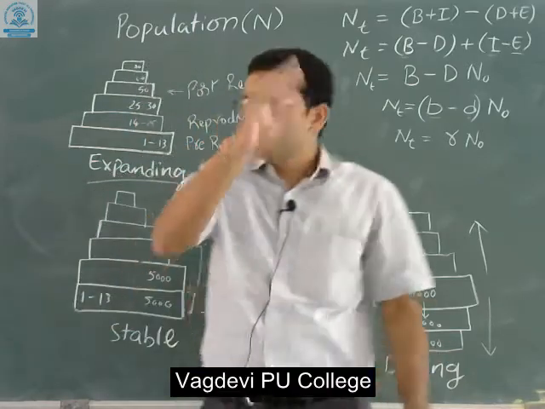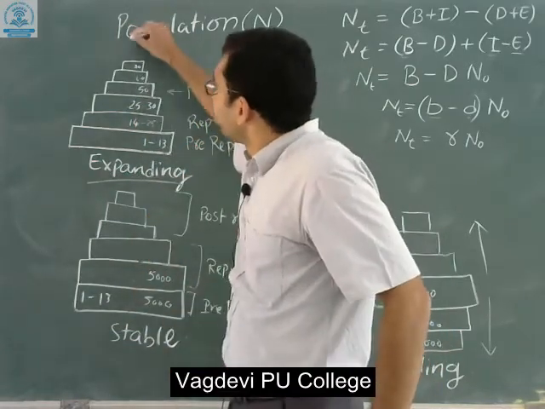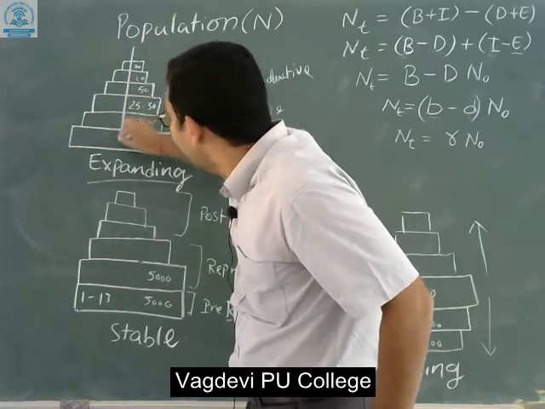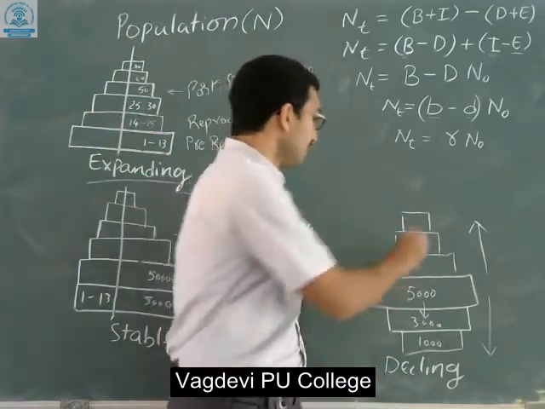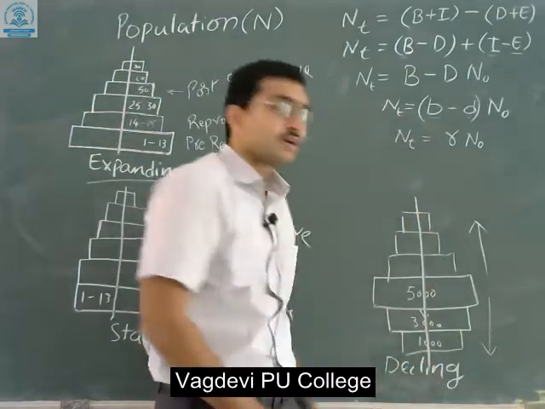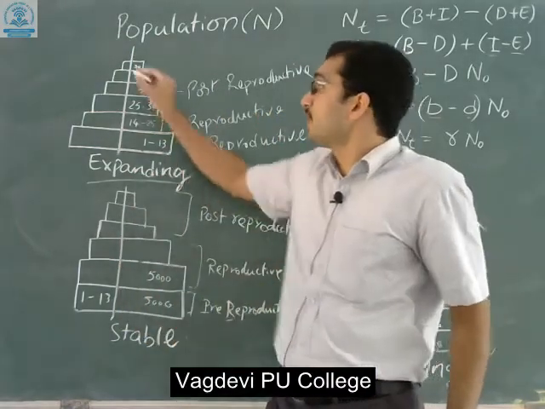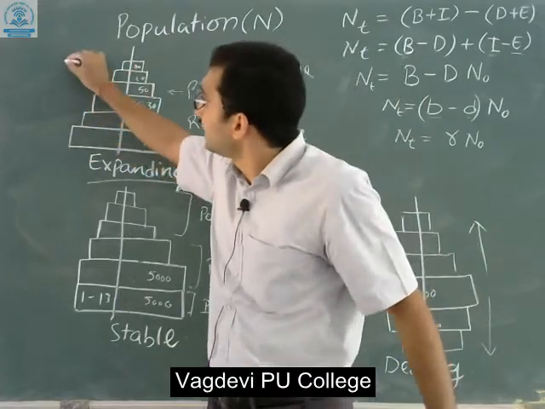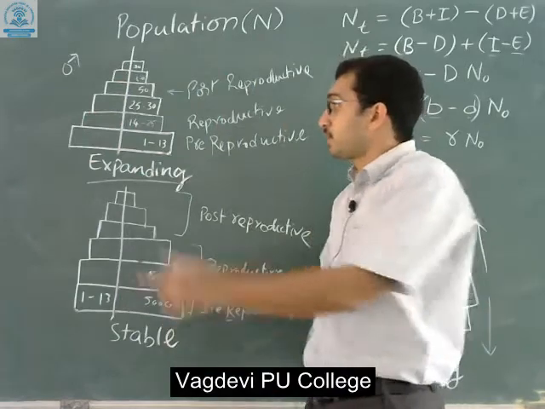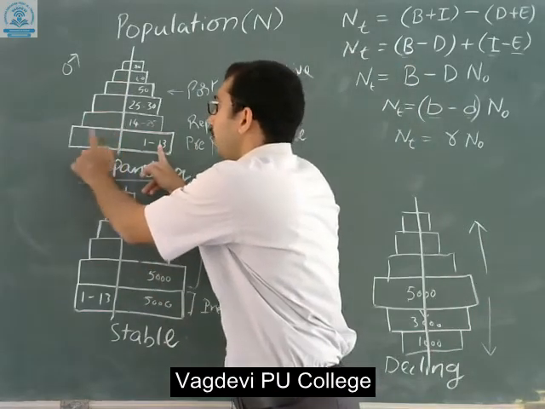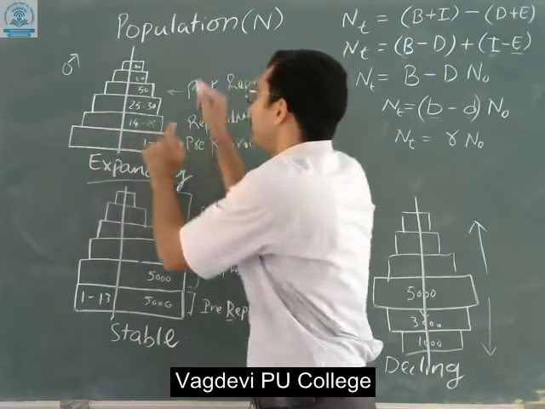One more thing you have to remember: there is a line which dissects the pyramids. What this line indicates is that one half of the side is for male individuals and the other half for female individuals, so for a particular age group you can see how many males and how many females.